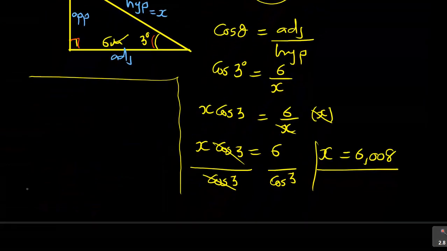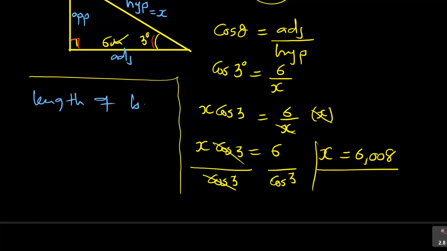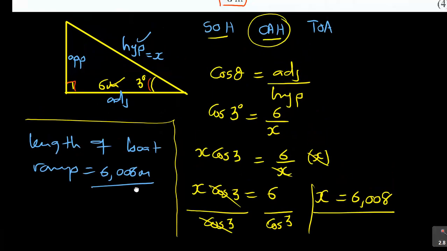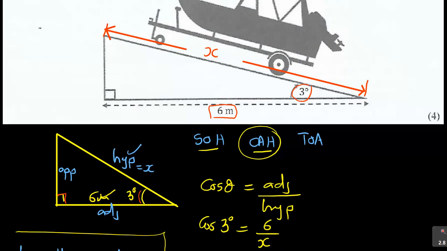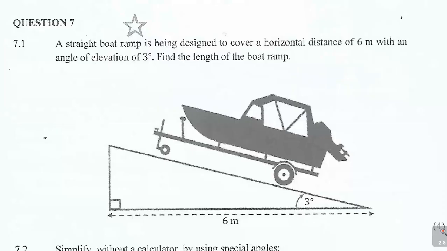So you say the length of the boat ramp is equal to 6.008. You were working with meters. That is how this whole question you could have done. So that is what you have to say, x is equal to 6.008. All right. So that is that question.